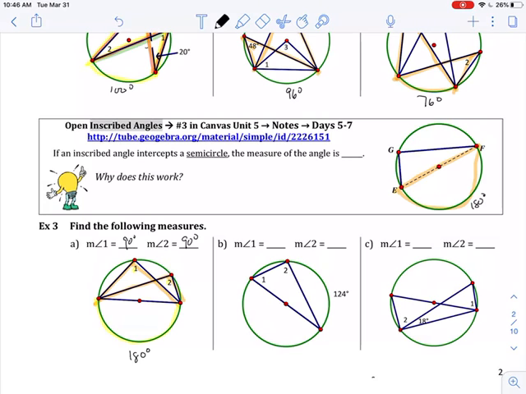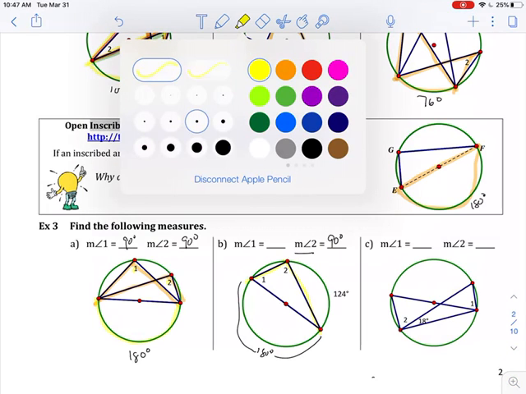Okay. Looking at this one, angle 2. Angle 2 intercepts that diameter, so this arc down here would be 180 degrees from here to here. So I know angle 2 would be half that, so angle 2 would be 90 degrees. Now angle 1 does not hit at a diameter.